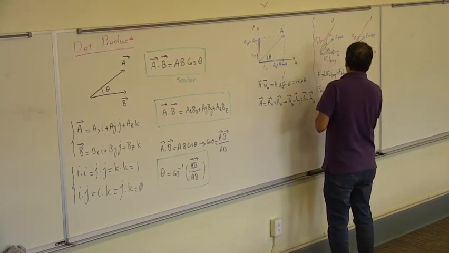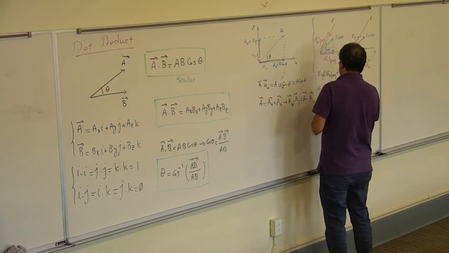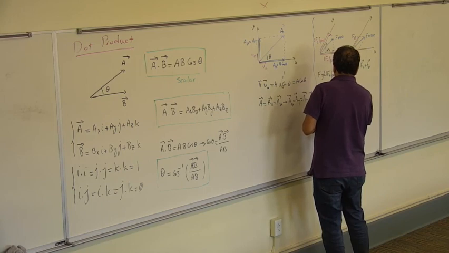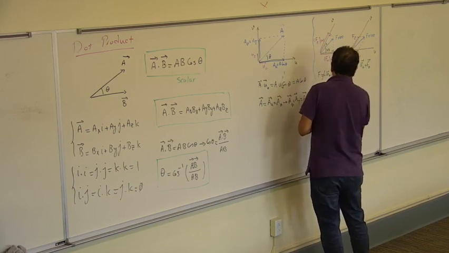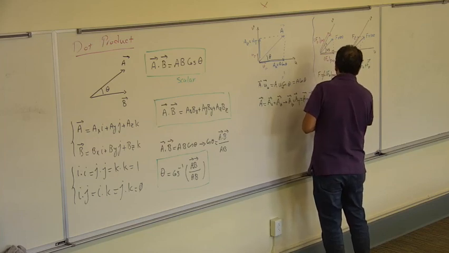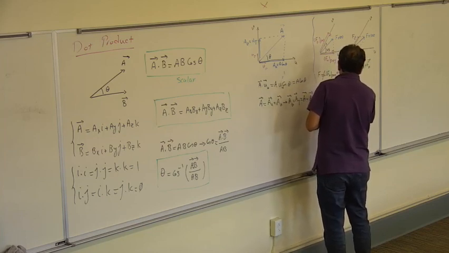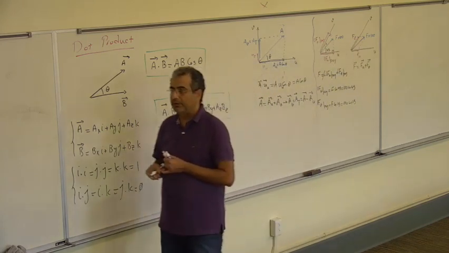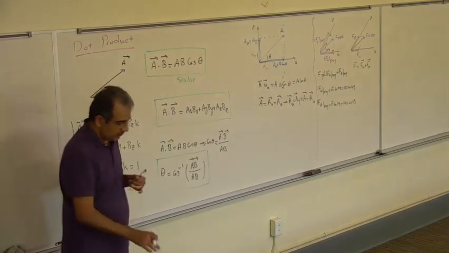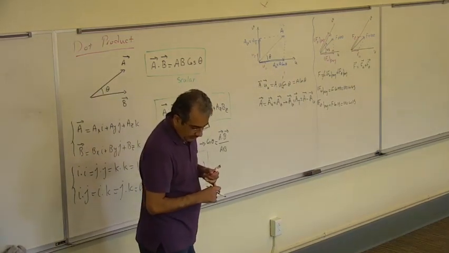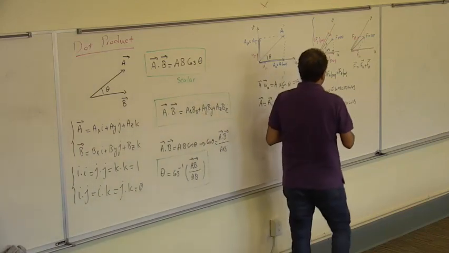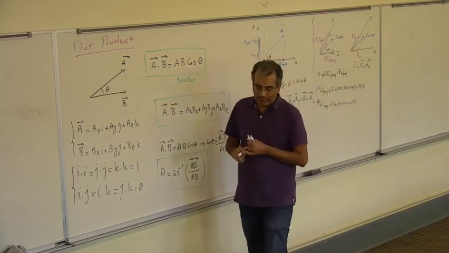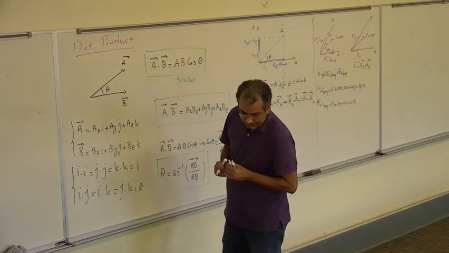So that's 100 cosine 45. And FV projection, F again cosine 15, 100 cosine 15. So for both cases, it's going to be cosine. It's going to be 70.7 and 96.6.